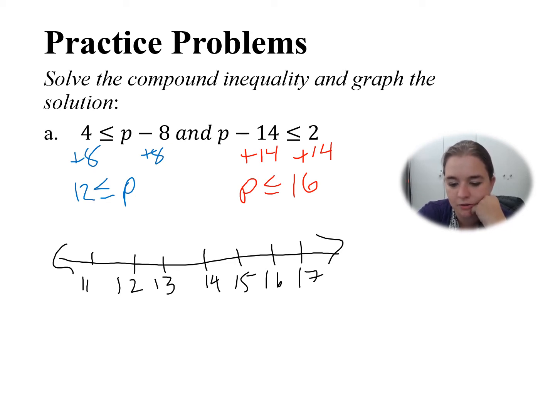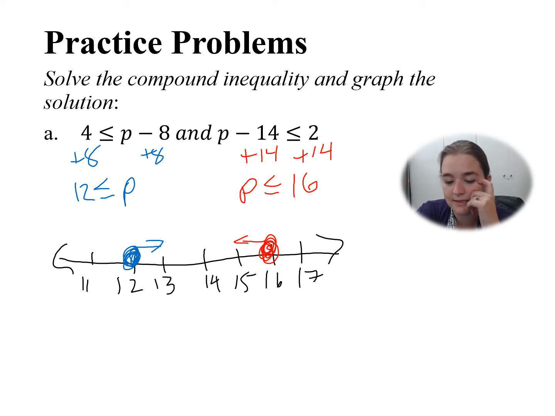So I know it's going to be a closed circle at 12. And if I'm plugging in possible options, I know that p is going to be everything greater than that. So I'm going to shade that direction. Leave that alone for a second. My second half, p is less than or equal to 16. So again, I have a closed circle at 16, but this time it's everything less than or equal to it.